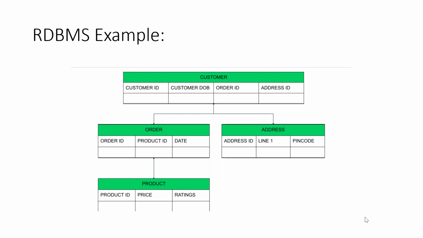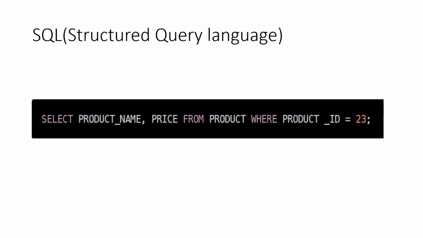So, moving ahead with the next topic. While manipulating data on top of a relational database, we have to use a language called SQL, or "sequel". Anybody can say it either way.